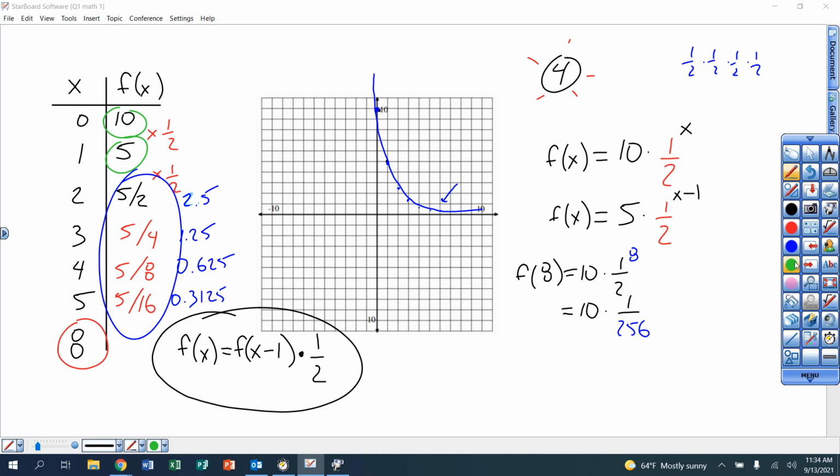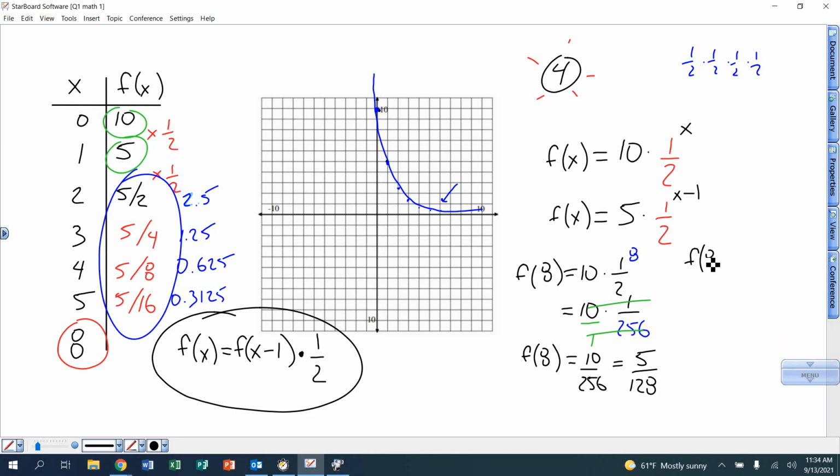By rule, put that over 1 times straight across, and that gives me the 8th term is 10/256. The beauty of these calculators, they will reduce that fraction for you. It reduces down to 5/128, which is about 0.039.